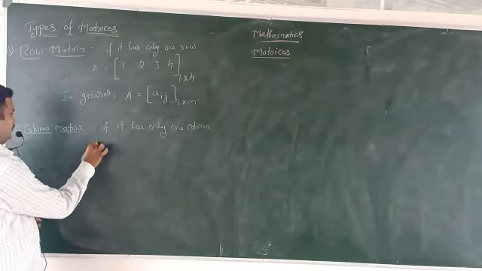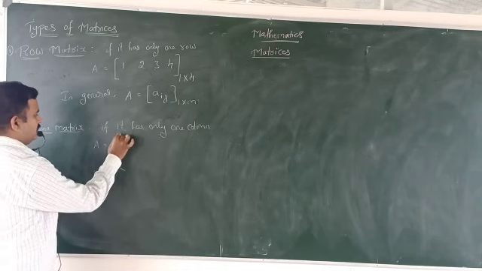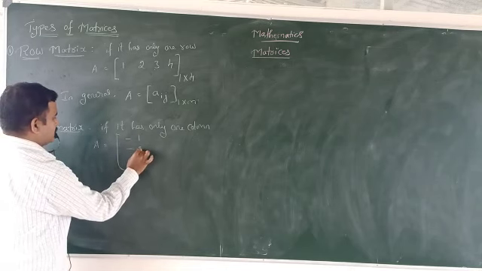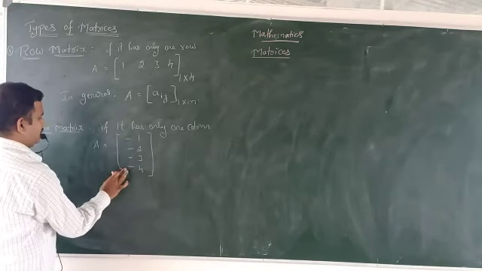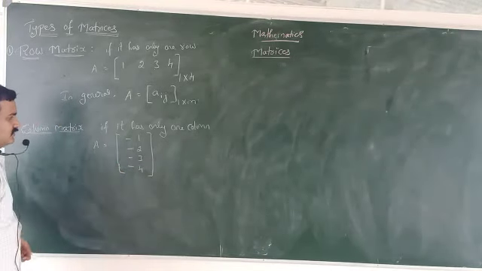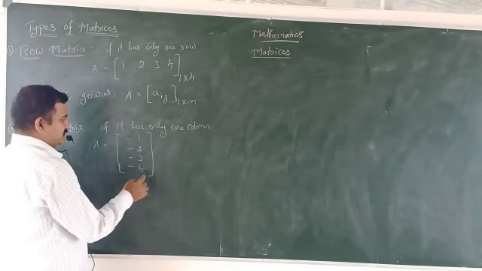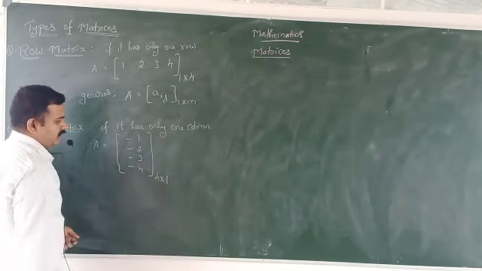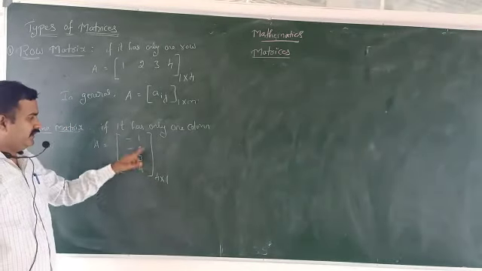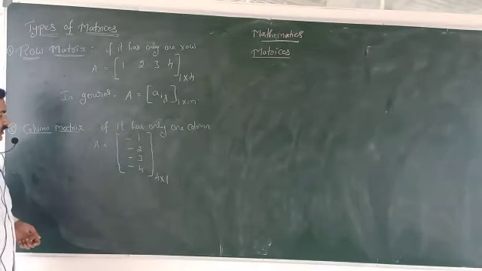For example, A equals minus 1, minus 2, minus 3 and minus 4 is a column matrix. Here we have 4 rows and a single column.